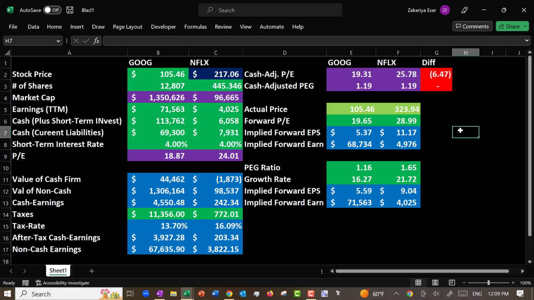If I was doing this for a living, I would have done a similar analysis that would have given me the same growth and cash adjusted PE ratio. But that's way too much work, so I'm not going to do it here.